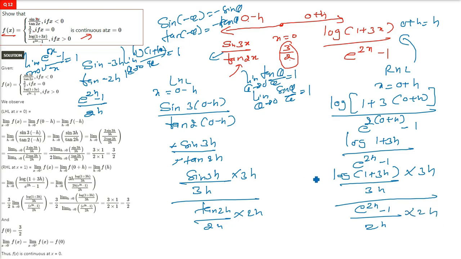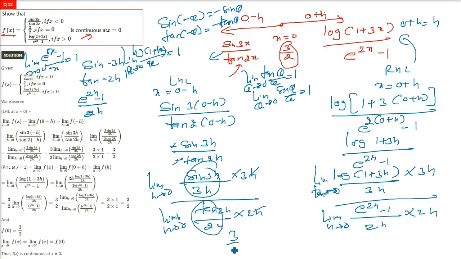Now just apply the limit to all of these functions and you know what will be the value, all will be 1. I'm applying limit h tends to 0 to each and every one of these 4 options. This is 1, this is 1. h you can cancel, 3 by 2. Here also this whole is 1, this whole is 1. h you can cancel, 3 by 2.